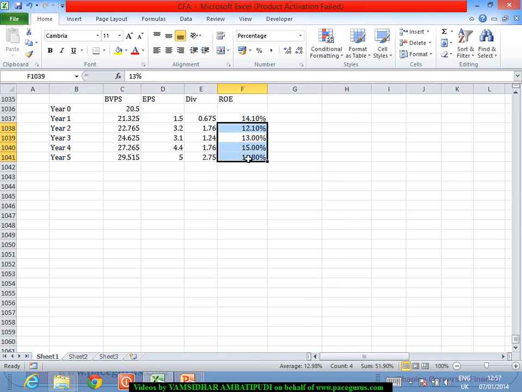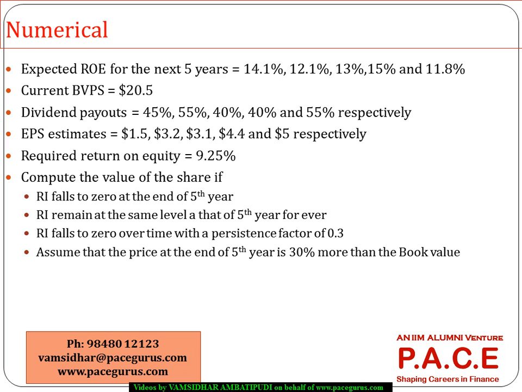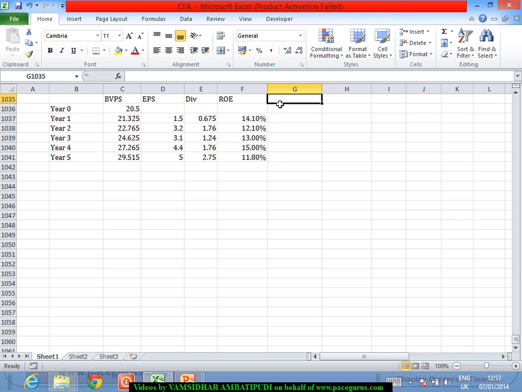Okay, these are the expected ROEs for each of the periods, whereas the R is only 9.25%. So based on this I can find out the R into BVPS, which has to be subtracted to find the residual income.